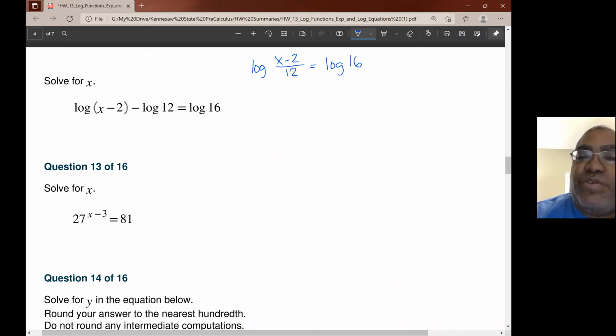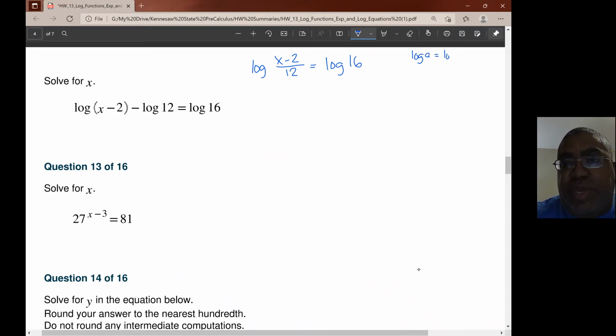If I'm taking the log of two sides and they're equal to each other, I can disregard the log. So that's a property: if log of A is equal to log of B, then A is equal to B.